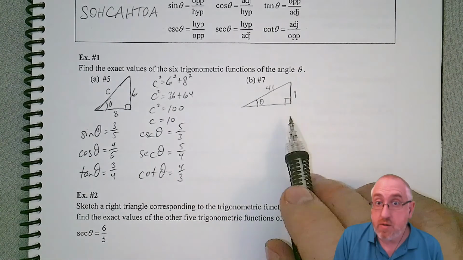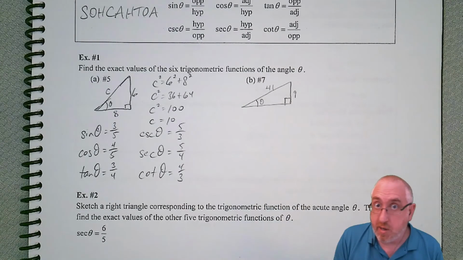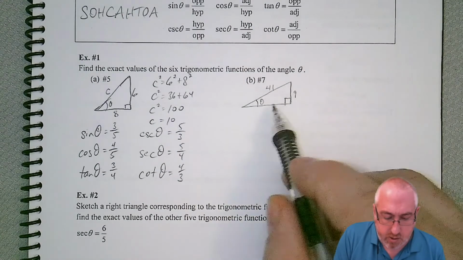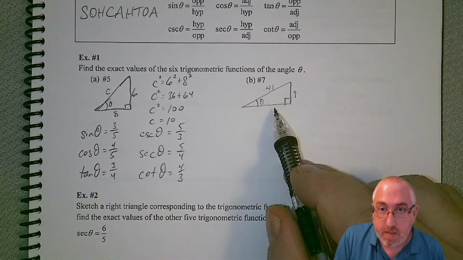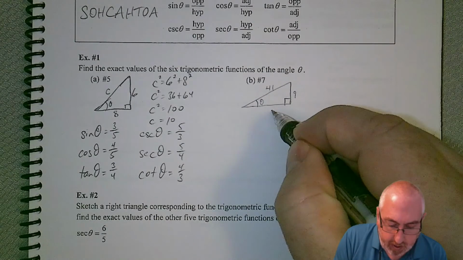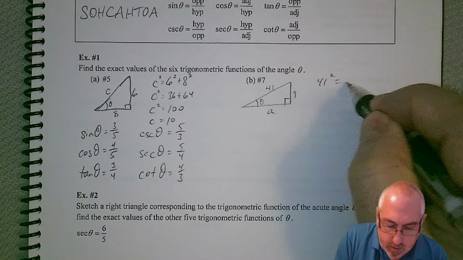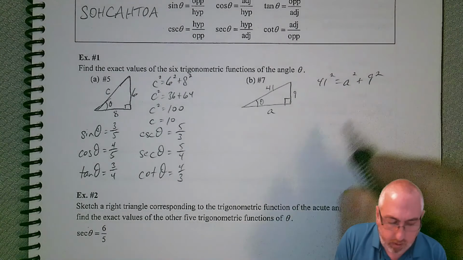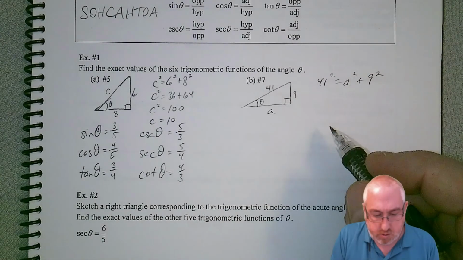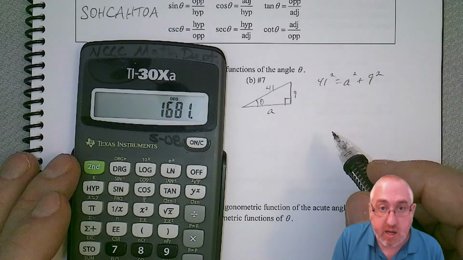All right, so similar problem, but obviously we have a different side that's missing, so we just have to be careful and solve for the right side. Remember, we can call this either A or B because it's one of the legs. If we want to call it A, we'd have 41 squared is A squared plus 9 squared. 41 squared is going to be what? 1681.